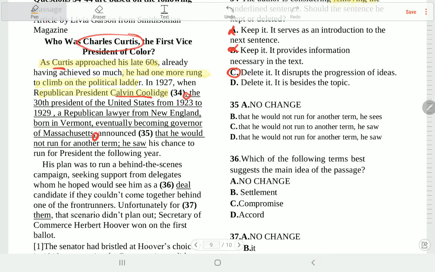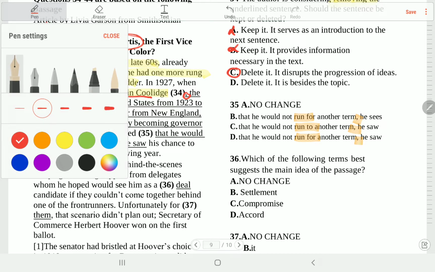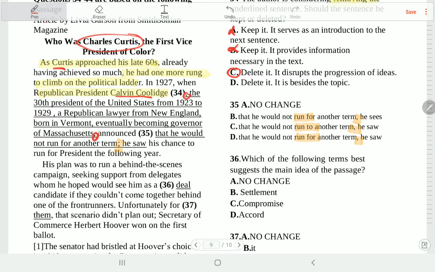Okay, as we learned, let's look at what the difference between the choices is. Okay, A here has a semicolon, B a comma, we have run 4, C run 2, comma, run 4, comma. So what is this? Punctuation and idiom. Focus. Okay, what does it say from the beginning? Okay, 1927, when Republican President Calvin Coolidge, remove all this, just delete it, announced that he would not run for another term, semicolon.